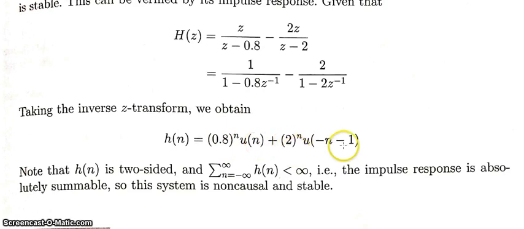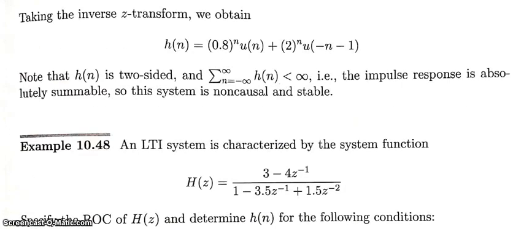Also, if we consider the second term, 2 raised to n, u of minus n minus 1, the second term exists for n less than 0, that is, for negative n, and when n is negative, 2 raised to n becomes smaller and smaller as n decreases. Therefore, the second term also converges. Therefore, the impulse response is absolutely summable and the given system is stable.